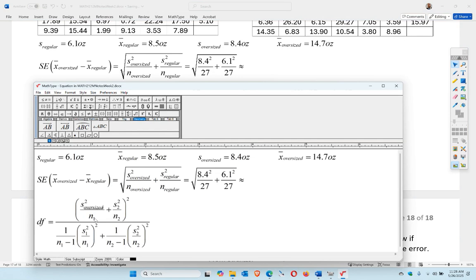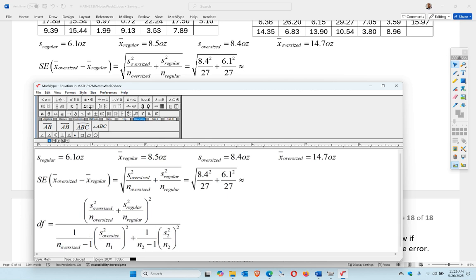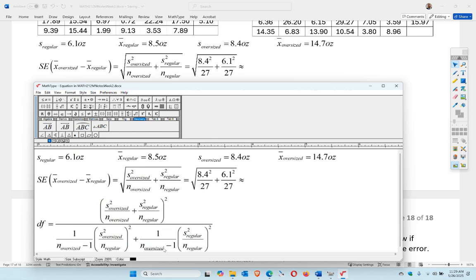Oversized, oversized, regular, regular, oversized, oversized, regular, oversized. No, that's regular. What am I doing? Regular, regular, regular. This is regular.